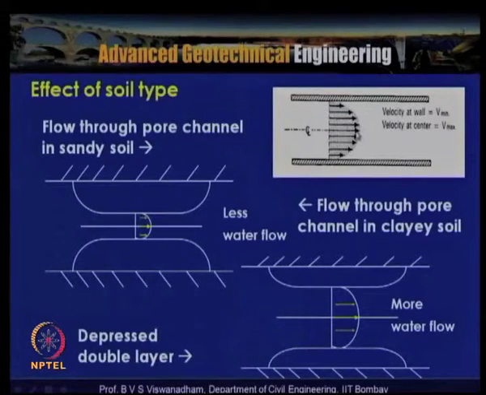But at the mid distance, that is d by 2 from the edge of the wall, if d is the diameter of the pore, the velocity is maximum. The typical velocity distribution can be assumed using the flow of water through two parallel plates, considered as the edges of the soil particles, and the flow through the pore channel in a sandy soil is represented like this.